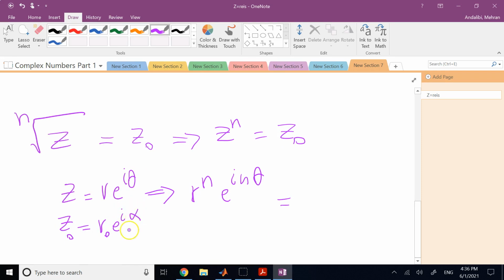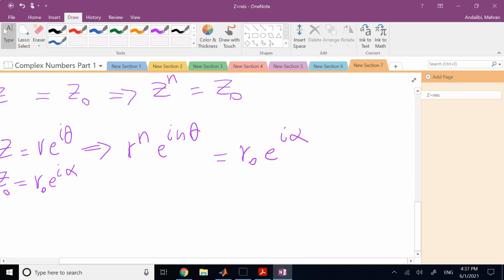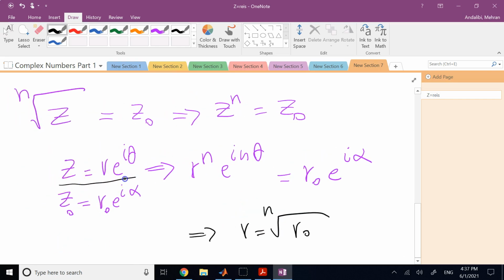I write the argument of that as alpha. So this is going to be r naught e to the I times alpha. Good? What do you get from here? Well, from here, you clearly see that r should be the nth root of r naught. So that's the magnitude you need for the solution.